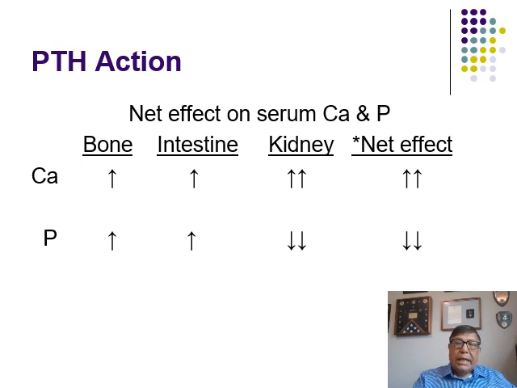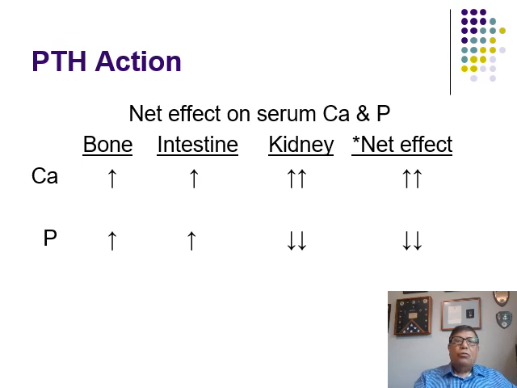When PTH is released to the circulation, it has three target organs: bone, GI tract, and kidney.